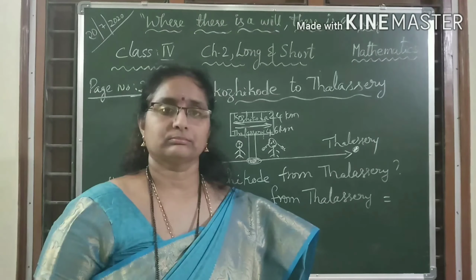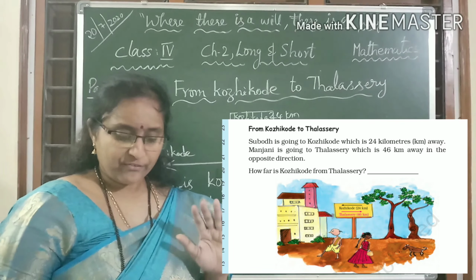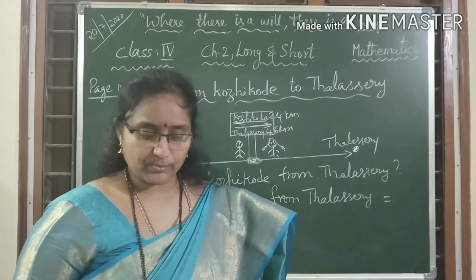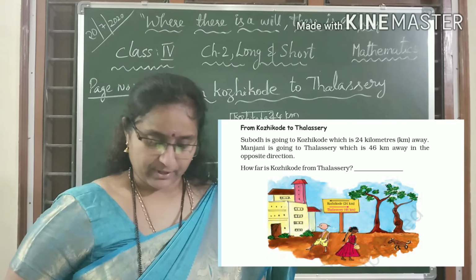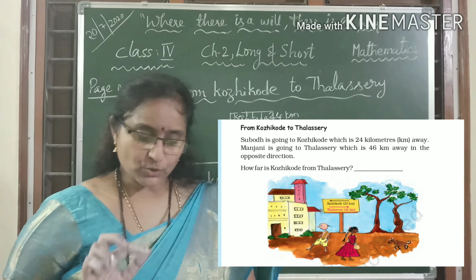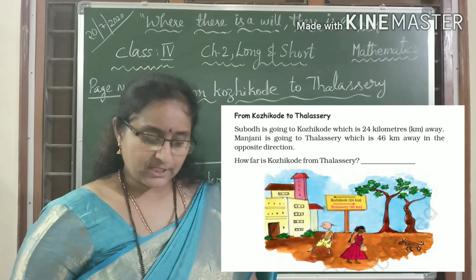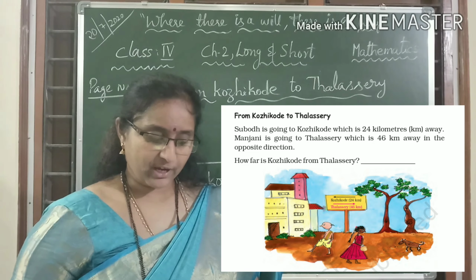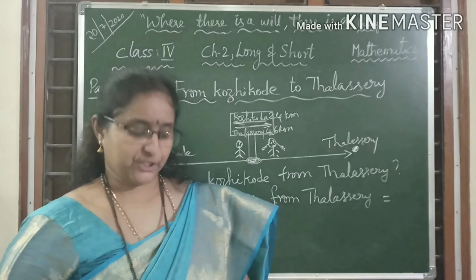Children, now open your textbook page number 20. From Kozhikode to Talsari. Here read the problem carefully. Subodh is going to Kozhikode, which is 24 kilometers away. Manjani is going to Talsari, which is 46 kilometers away in the opposite direction.